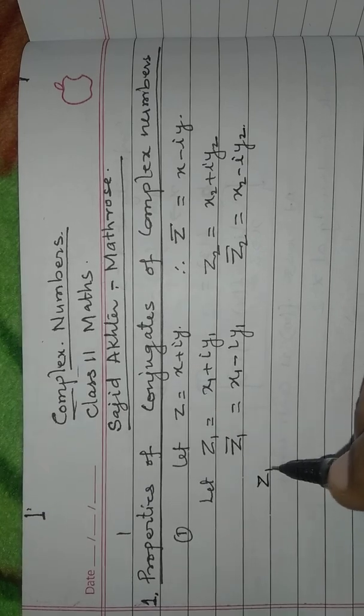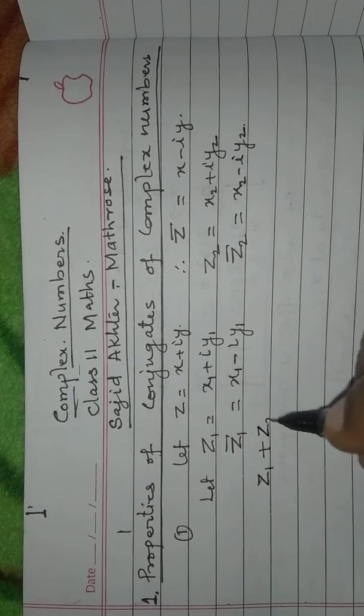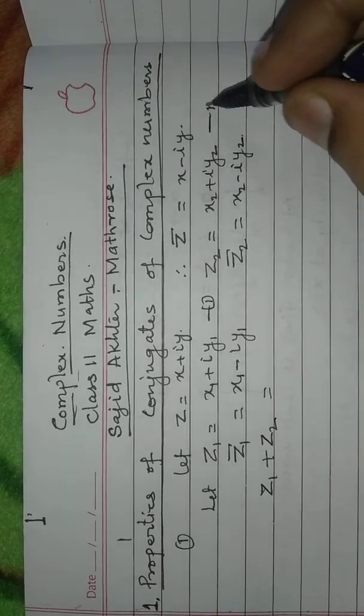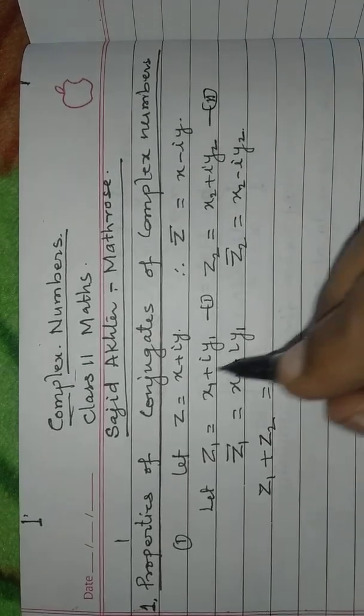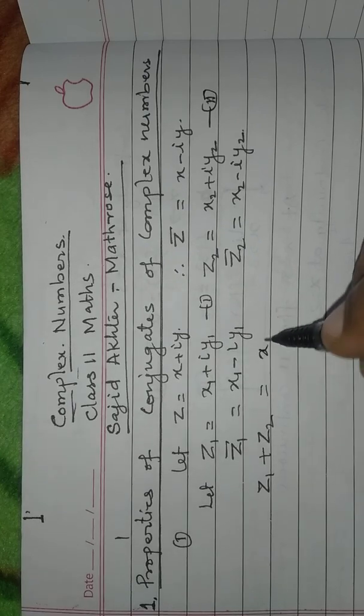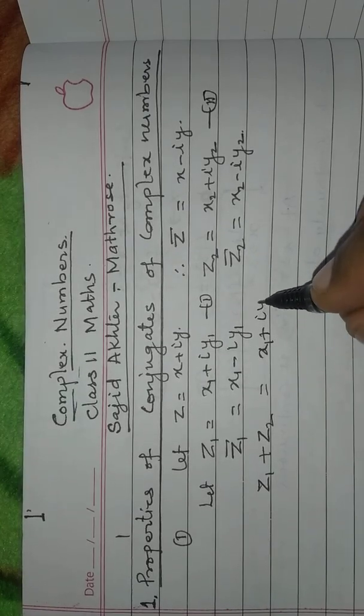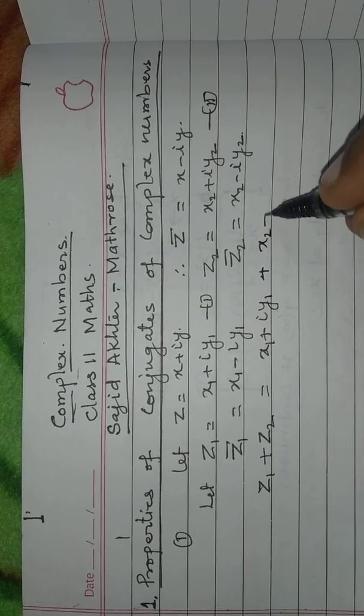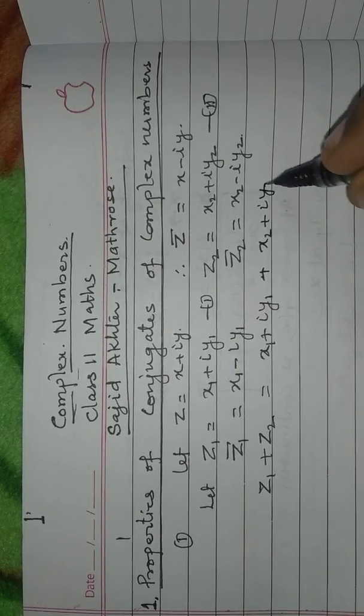Now we will do z1 plus z2. It means we are adding these two complex numbers, so it is x1 plus iy1 plus x2 plus iy2.